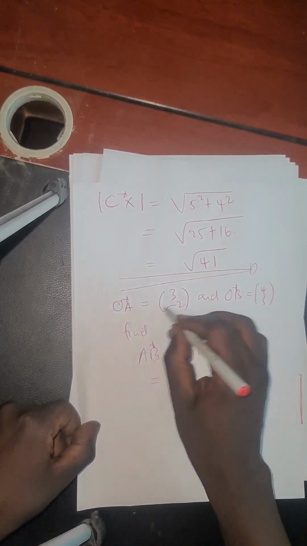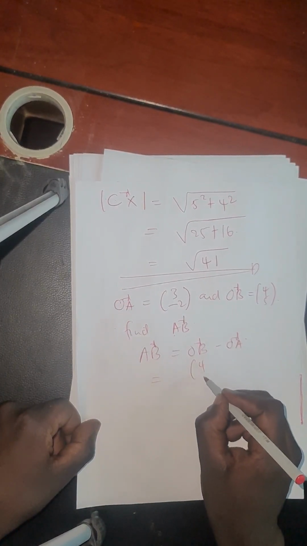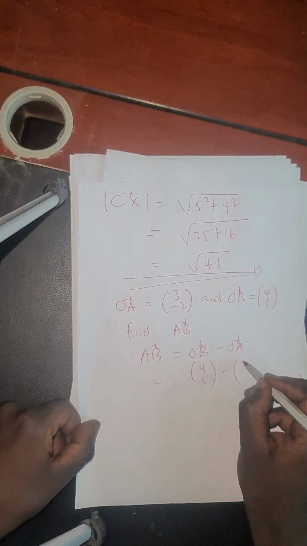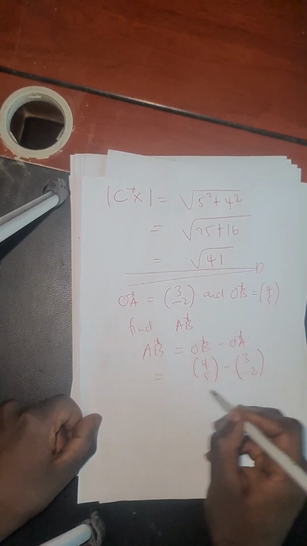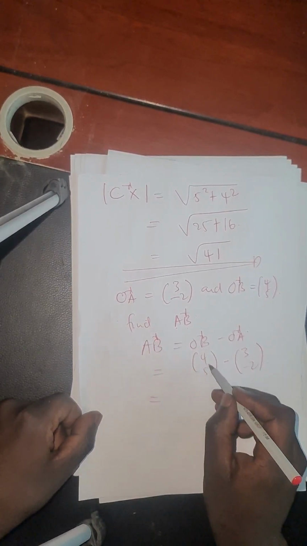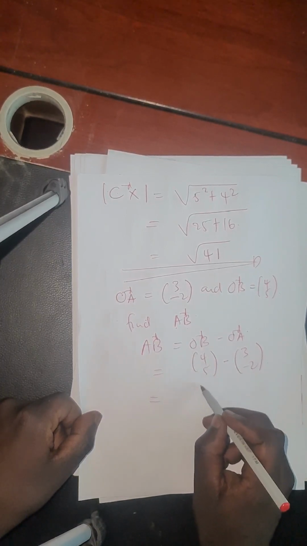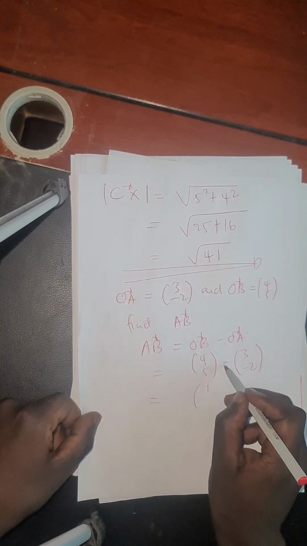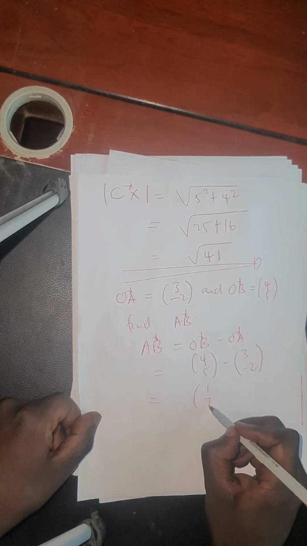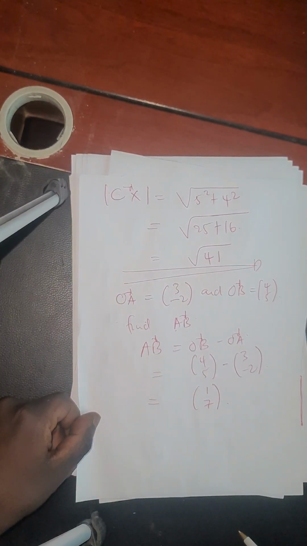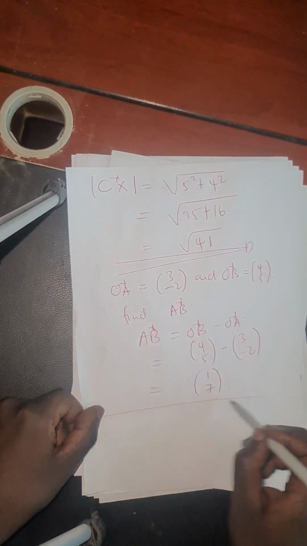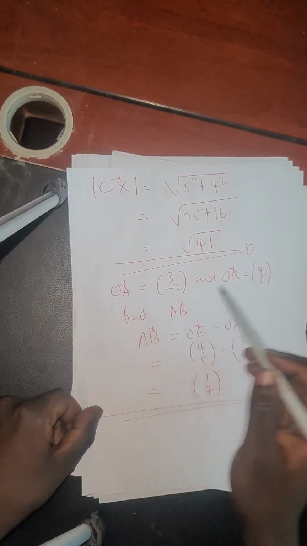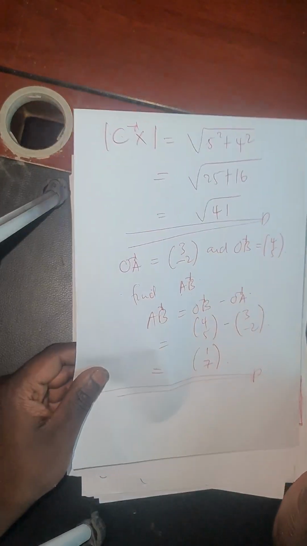OB is (4, 5) minus OA which is (3, -2). So 4 minus 3 is going to be 1. Minus minus is going to be positive, so we get 7 if we add 2 and 5. So that's how you get something like AB, right? I'm pretty sure you guys are following, right?